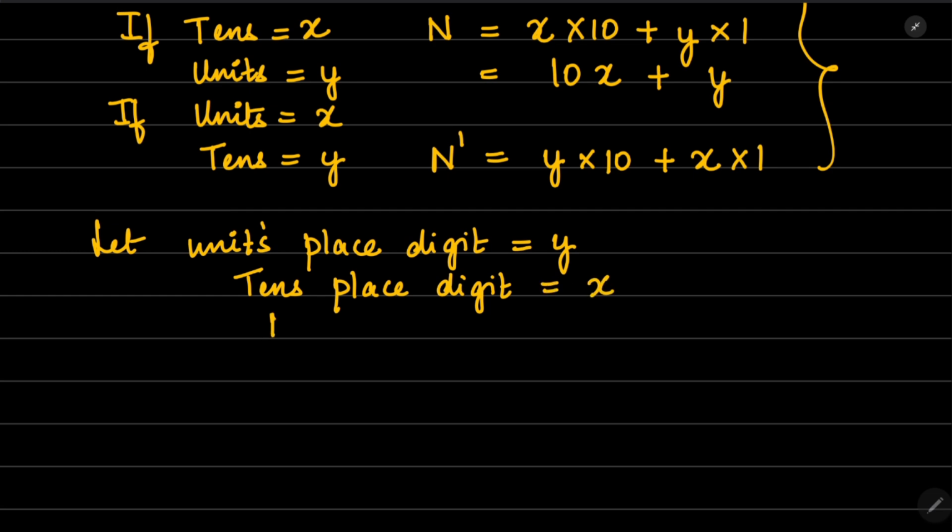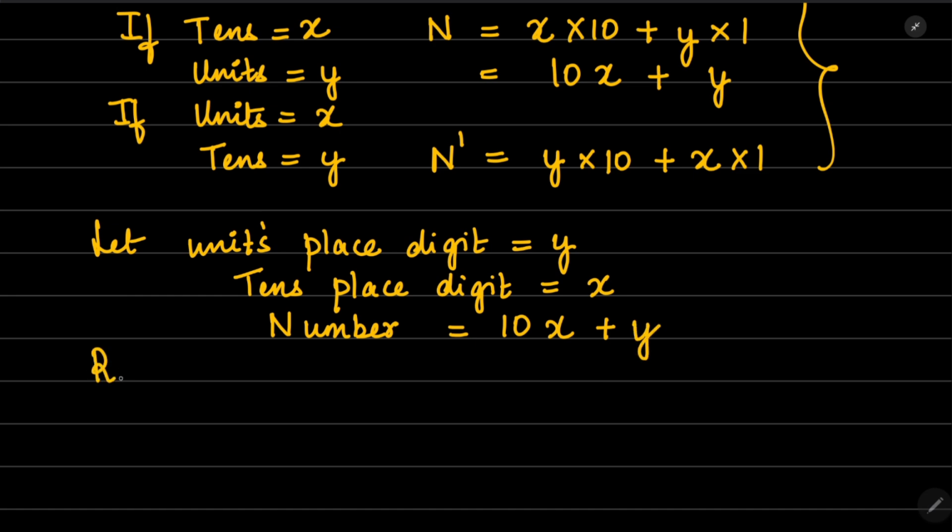So what will be the number formed? As mentioned here, if your units digit is y and tens digit is x, the number will be 10x plus y. 10x plus y will be your number.